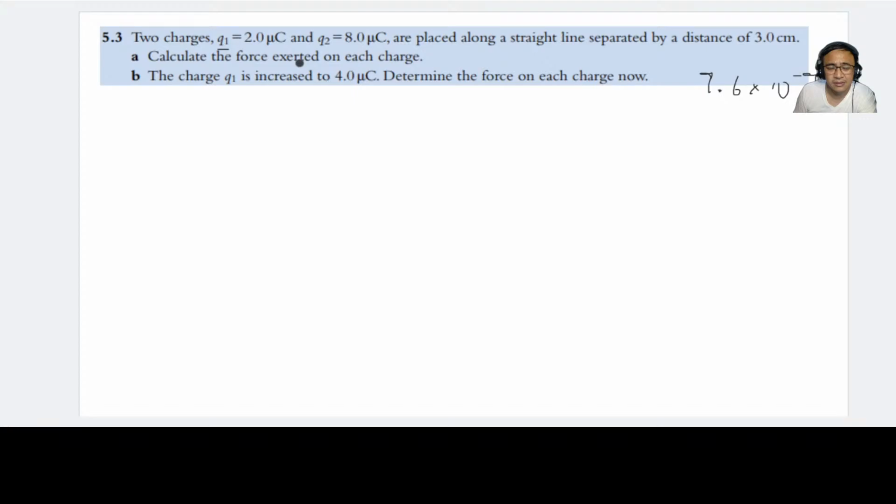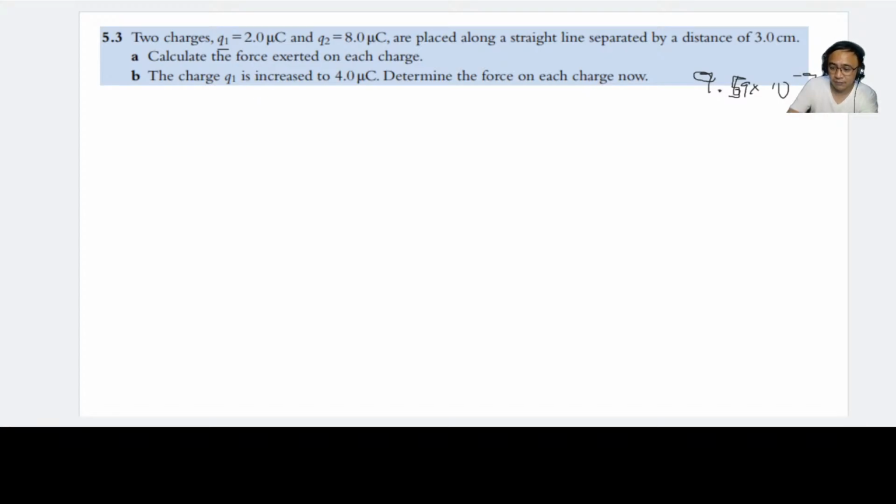Okay. Let me redo my calculation real quick. It's more like 9.59. Okay. I'm going to redo this. Q1 is increased to 4.